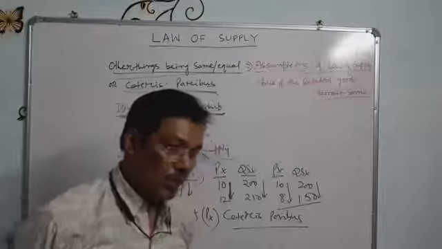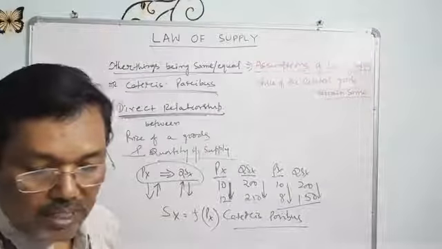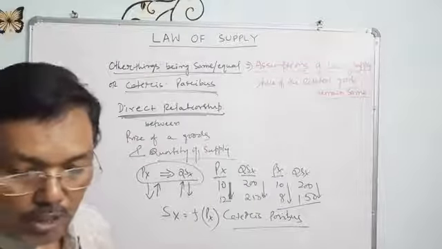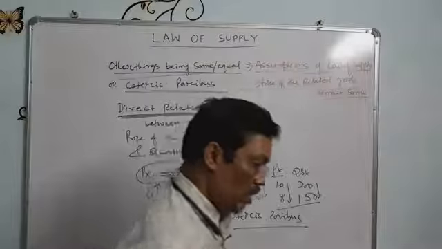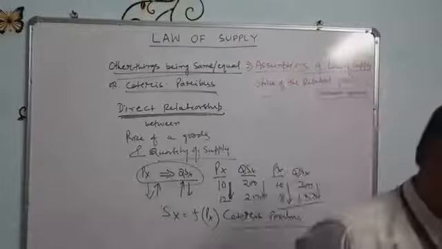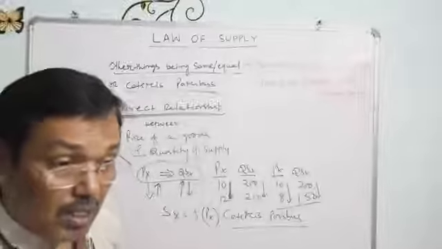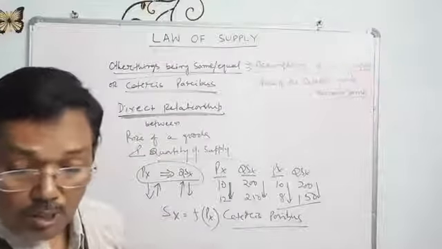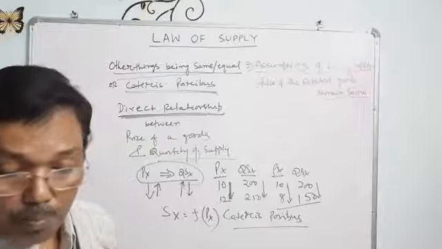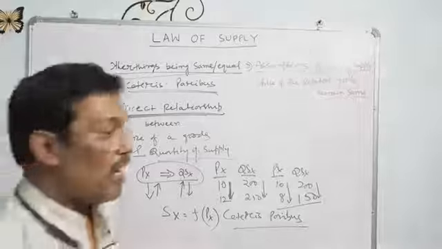And we are discussing related goods. After the related goods, we are discussing factors of inputs, the price of inputs, factors of production. It means if labor charges increase or interest increases, naturally the price of the goods will increase. In that case the law of supply does not function. So the price of the factors of production or the price of the inputs should remain unchanged.